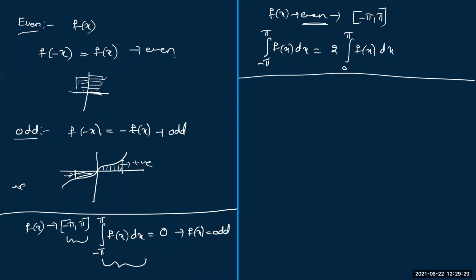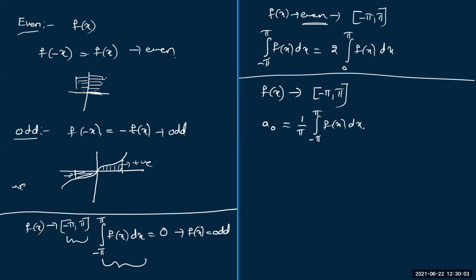Now keep these things in mind, and let us rewrite these Fourier coefficients. Let us say you are given one function f of x, which is defined in the interval minus pi to pi. How can we write the Fourier series? It is the regular way: a naught by 2 plus a n cos n x plus b n sin n x. And what are the Fourier coefficients here? a naught is normally 1 by pi into the integration from minus pi to pi of f of x dx.